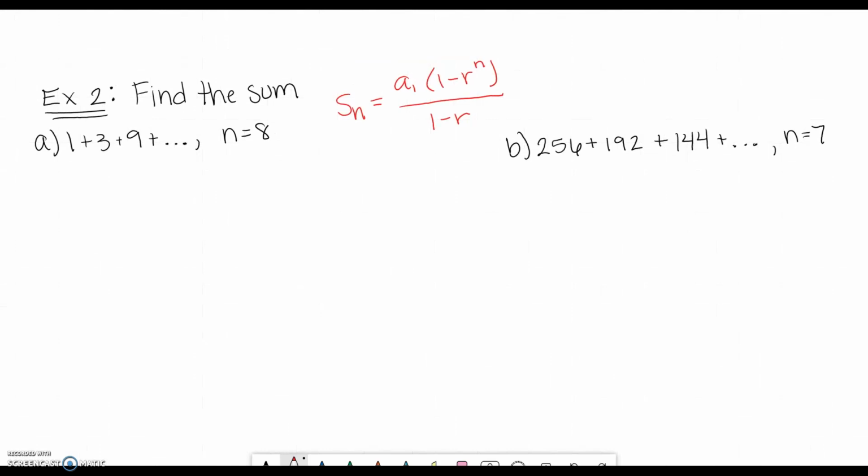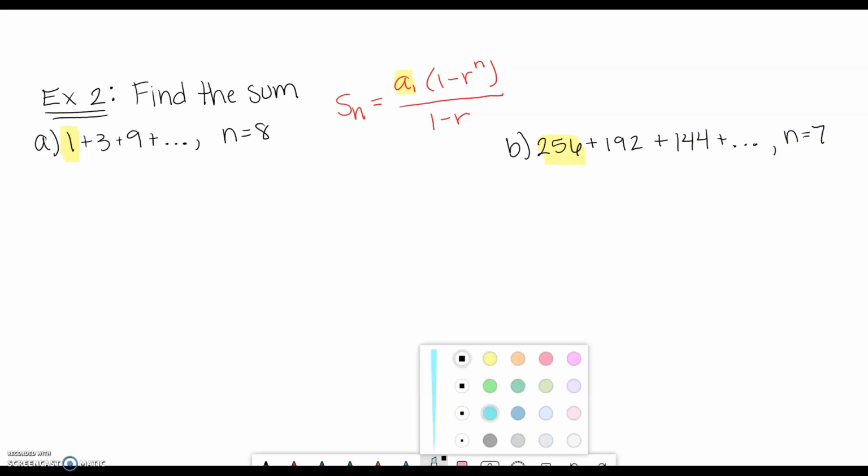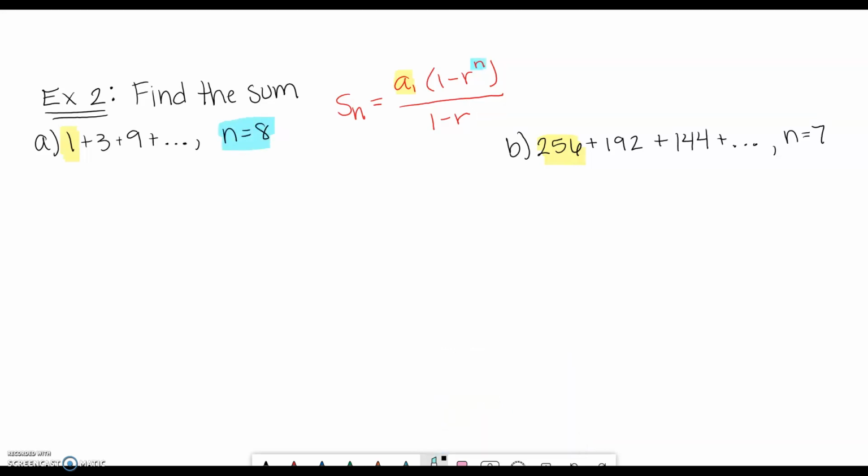So we need the first term, which remember is just the first one in the series. So there's our first term. And then we need to know how many terms there are. So we're looking for that n, which is here, and we're going to actually plug it in there too, right?